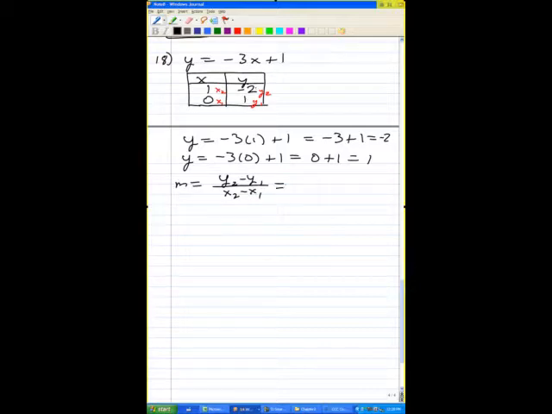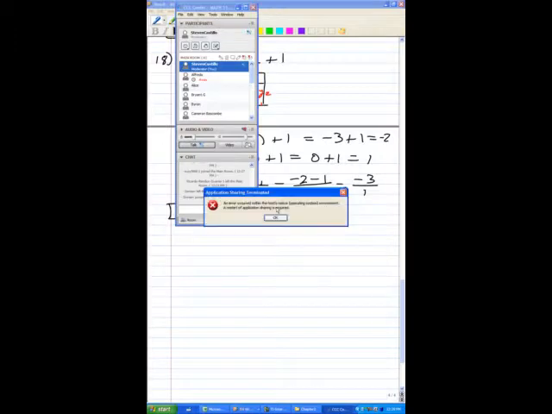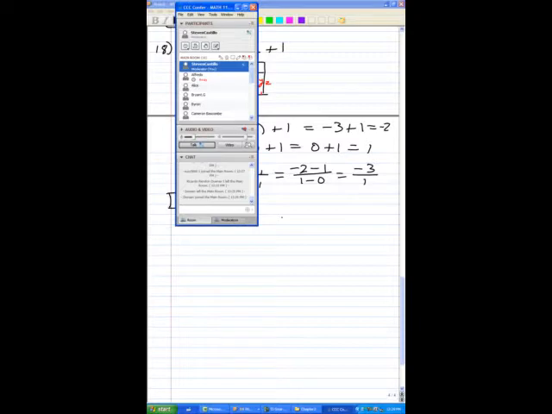So I have negative 2 minus 1 over 1 minus 0, which is negative 3 over 1. So therefore the slope is negative 3. So I could just pick 2 points and graph the line.